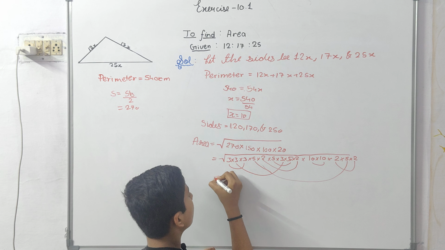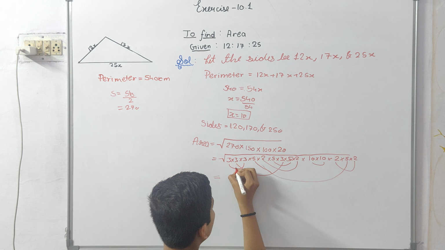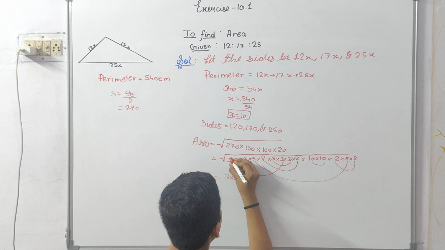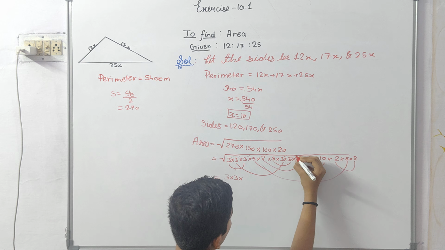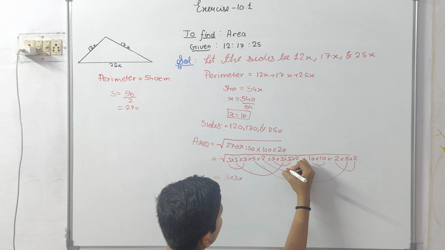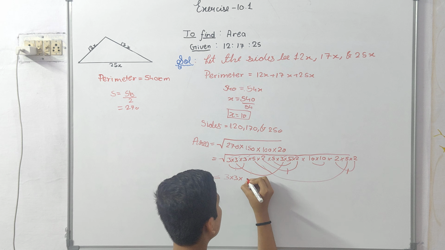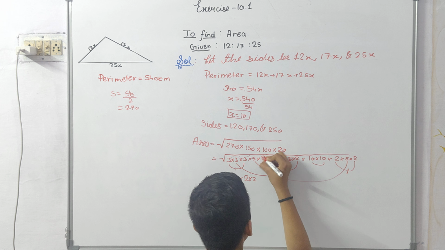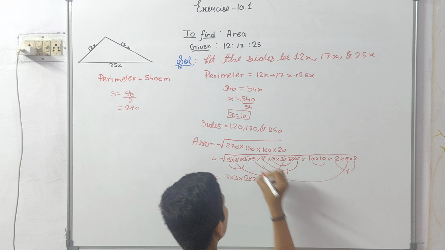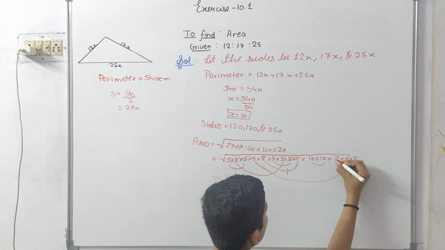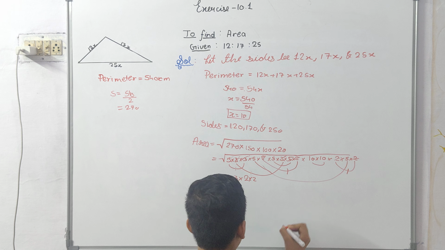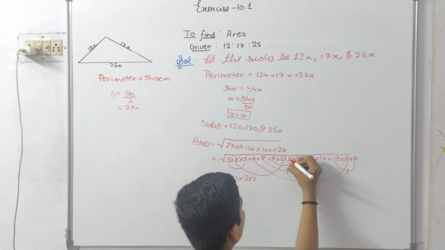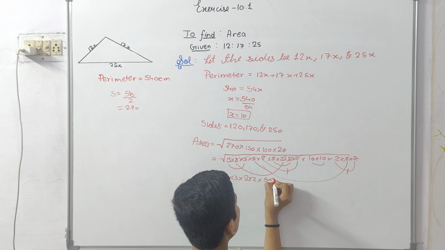So we'll take pair of 2, 2 into 2. Now the pair of 2 is taken, 3 3 3, and this 2 cancels, 3 cancels. Now we'll take 5 one pair and 5 two pair, so 5 into 5.